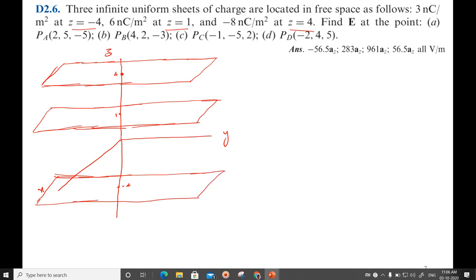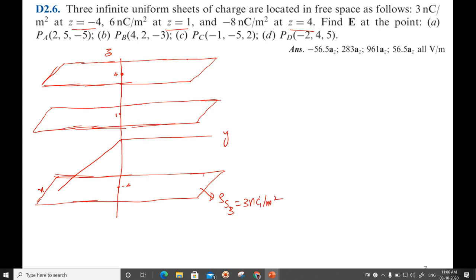Okay, we'll look at the charges. At z equal to minus 4, the surface charge density given, let me call it rho_s3, the third sheet, is 3 nanocoulomb per meter square.